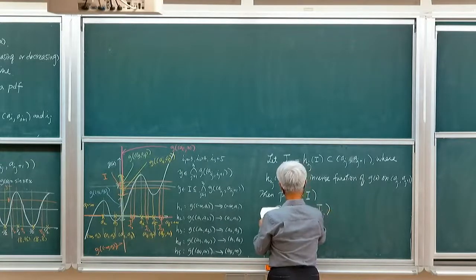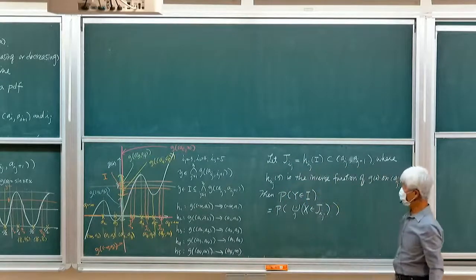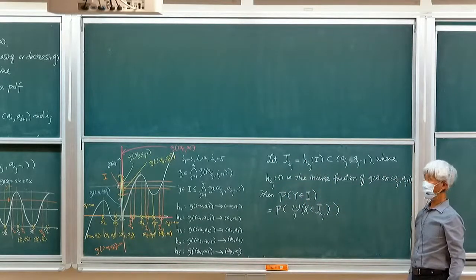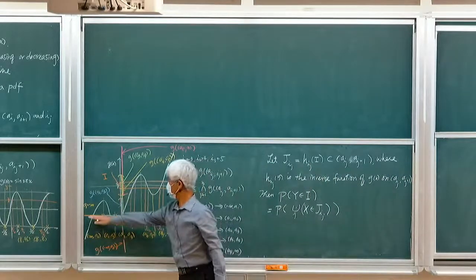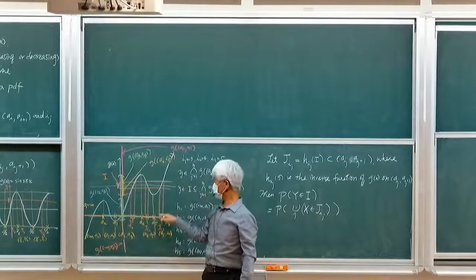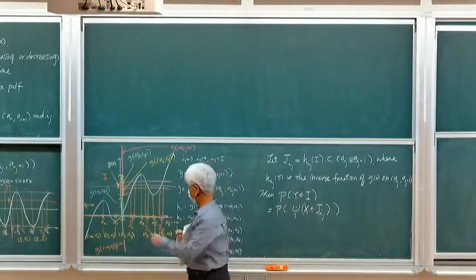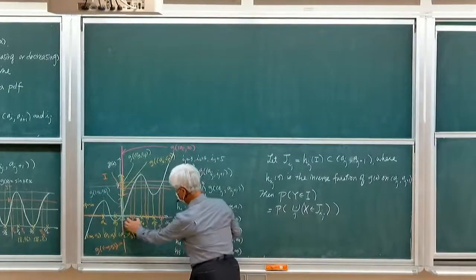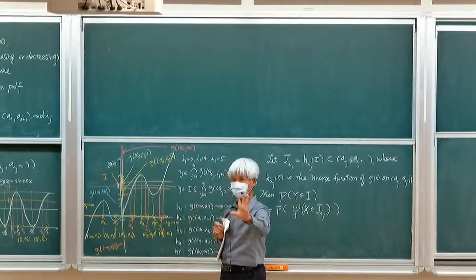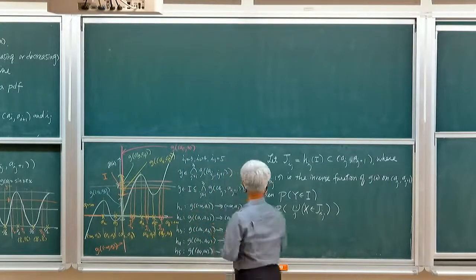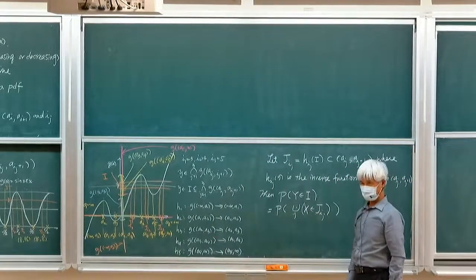And it's a disjoint union. Why? Well, all the pieces on the x-axis are disjoint to each other. So J_i1 will be disjoint from J_i2, disjoint from J_i3. So these events are disjoint events.